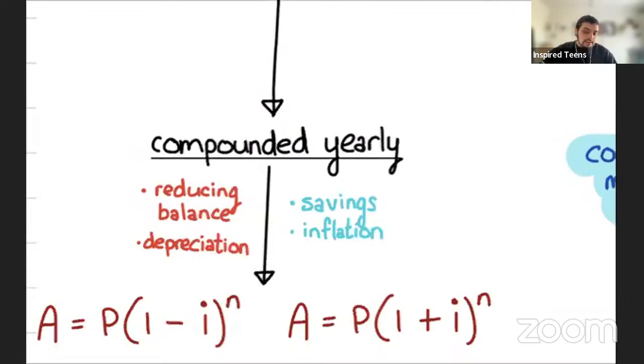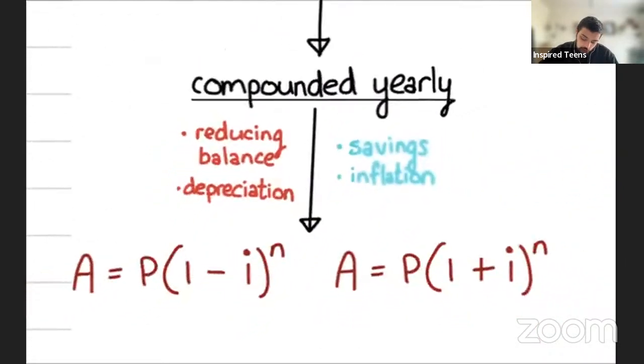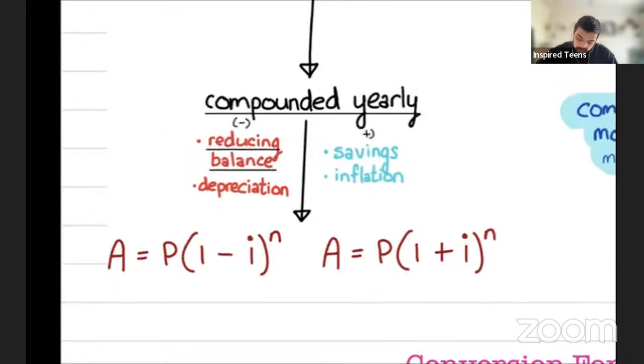So yearly payments. Some keywords for compound effective interest are reducing balance and depreciation. The ones in red are minus, negative in the formula, and the ones in blue are positive in the formula.